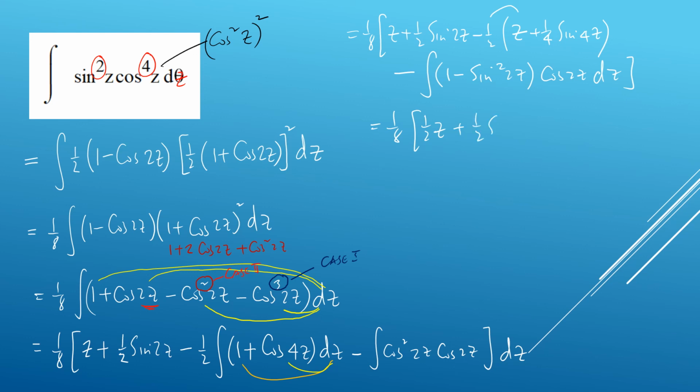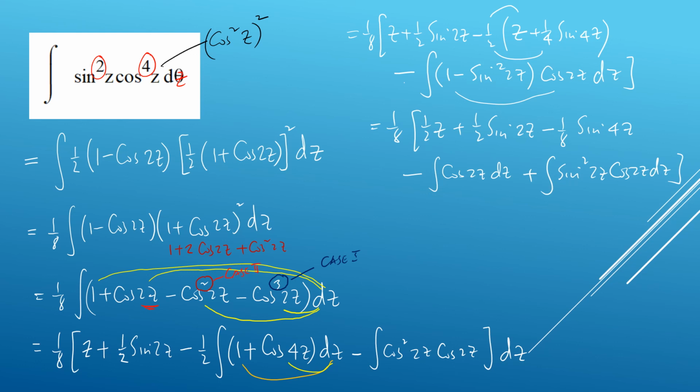Plus 1/2 of sine 2z, minus 1/2 times 1/4 is 1/8 sine of 4z, minus we have here the integral of cosine of 2z dz, minus minus, so that will be plus the integral of sine squared 2z cosine of 2z dz.